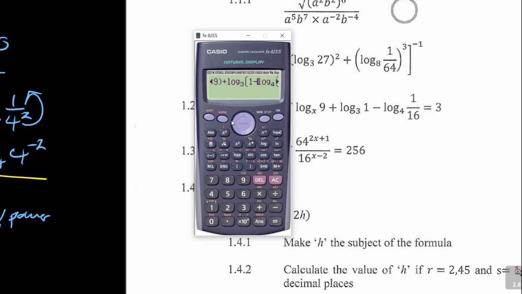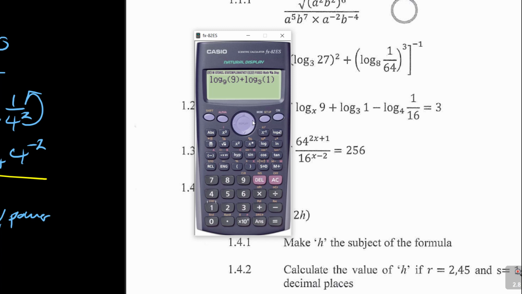I think I see the error. I put everything inside this. This must be outside. Look at this. The problem there is the bracket. So it was supposed to be like this. Okay, I see now. This is supposed to be a 1. Okay, like this.